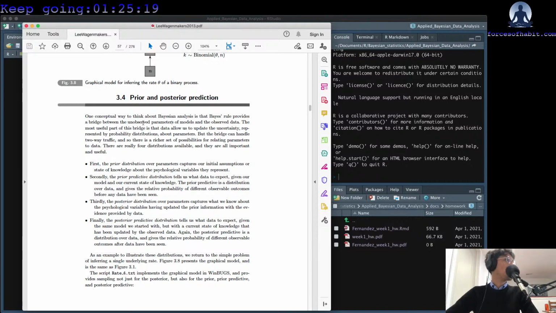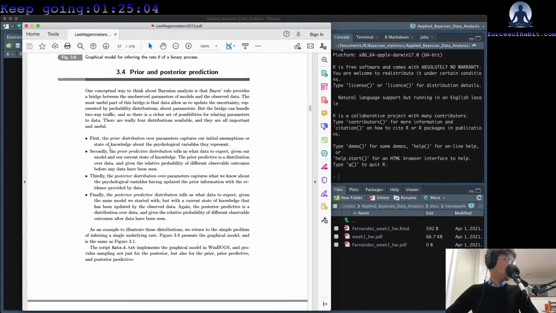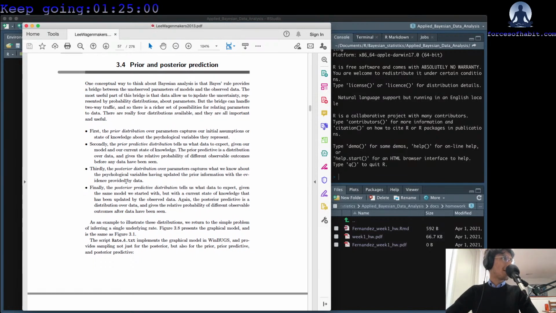Bayesian analysis provides the bridge from unobserved parameters to observed data. So we want the bridge to be a good bridge, and the best way to check the quality of that bridge is through prediction, or at least that's what is claimed here. We can talk about 4 different distributions that give us different pieces of information about the quality of our prediction.